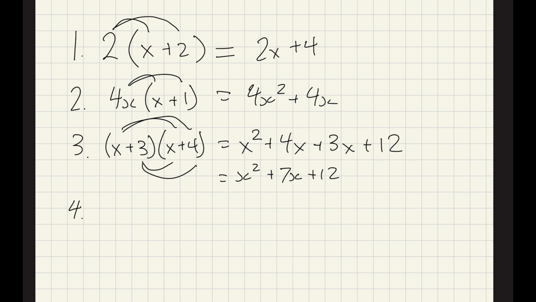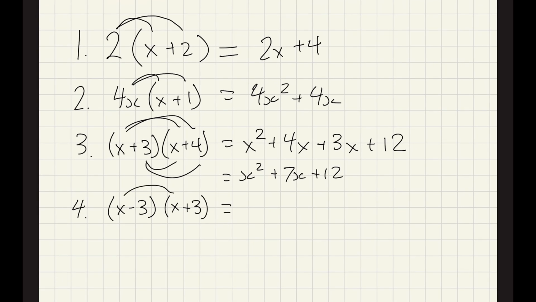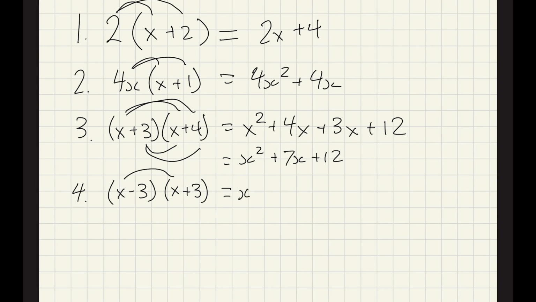Number 4. This is another FOIL problem, but this is also an introduction to something that we're going to get into later on in the video, which is called the difference of squares. But again, we're going to do this through FOIL for now. X times x, that's x squared. X times positive 3, that's 3x.